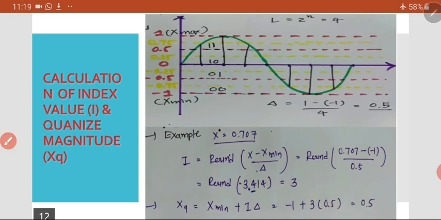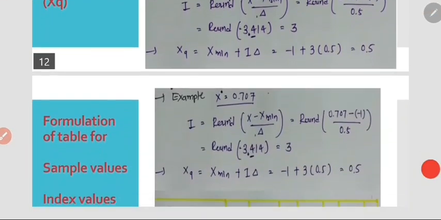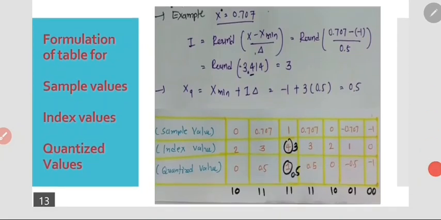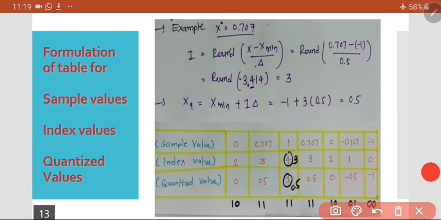Okay, so after finishing this procedure we can formulate the table like this. The table which I am talking about has mainly three values: the sample value, index value, and quantized value.